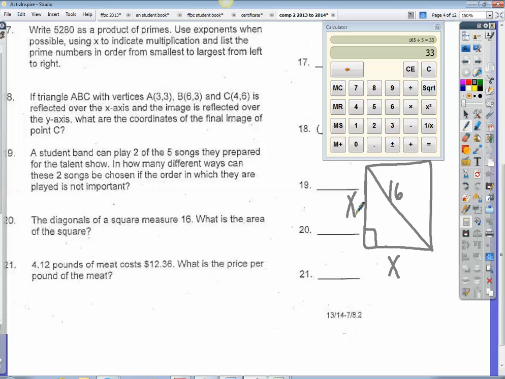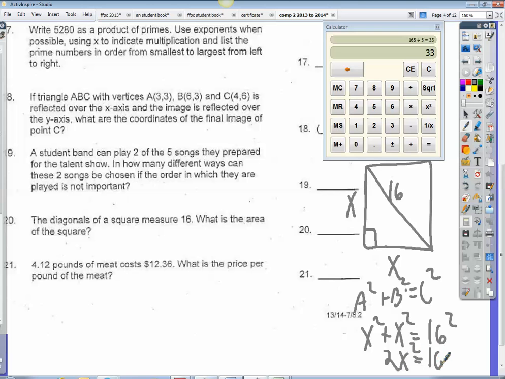That's a typical... We have to find, using Pythagorean theorem, a squared plus b squared equals c squared. So we have x squared plus x squared is equal to 16 squared, right? So we have 2x squared is equal to 16 squared, right?